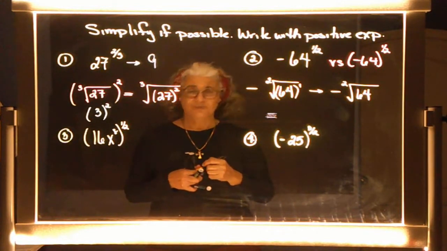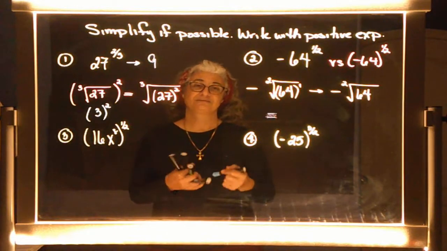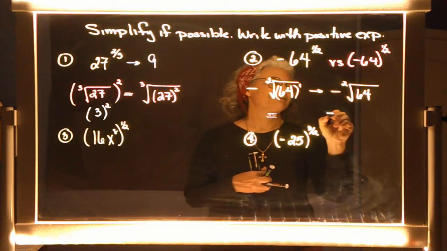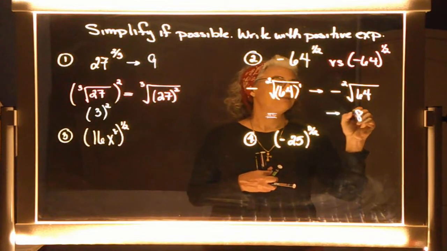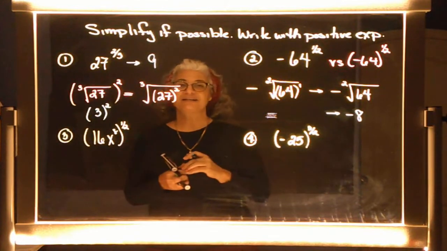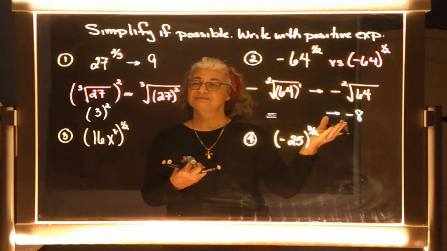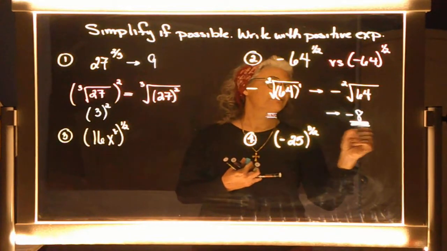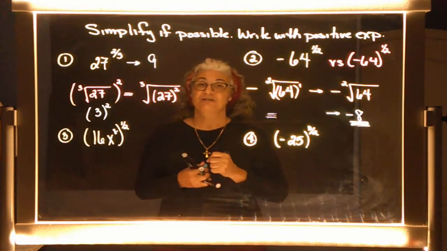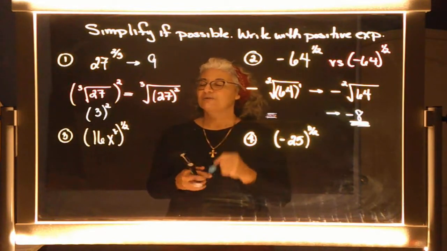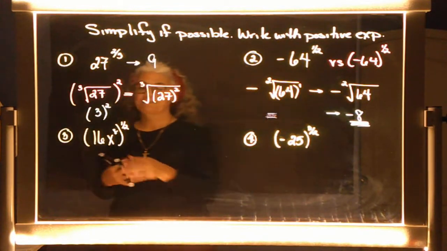Well, what is the square root of 64? Yes, it's 8. And that negative is still on the outside, isn't it? Anything more? There's my final answer, -8. Good? Okay, let's look at number 3.